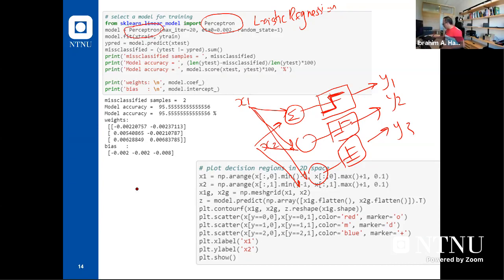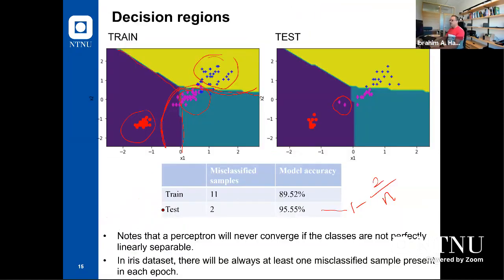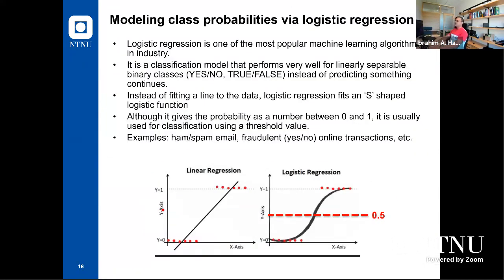In logistic regression, we will have this activation function, so it will be like this one. We will find the probability that an example belongs to one of the classes. And of course, for multi-class classification, we will use the one versus rest strategy or concept. So we can go to the slides on modeling class probabilities.